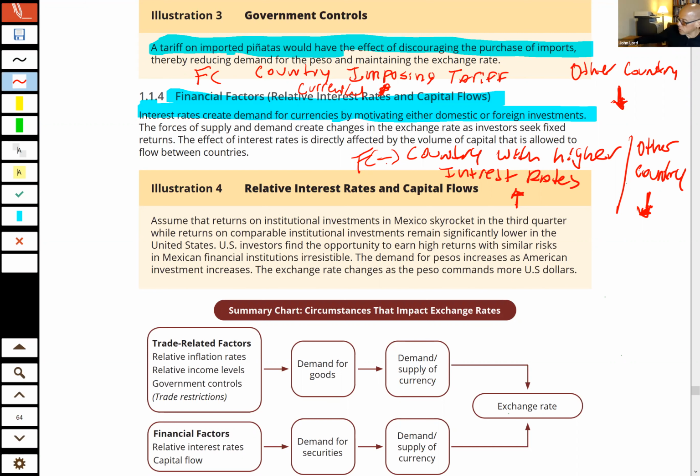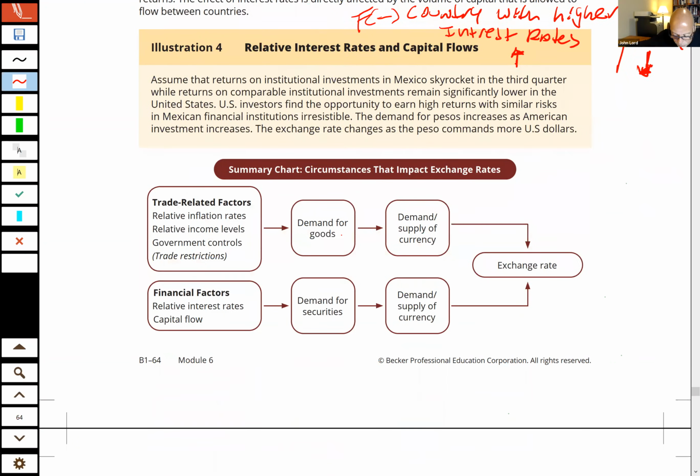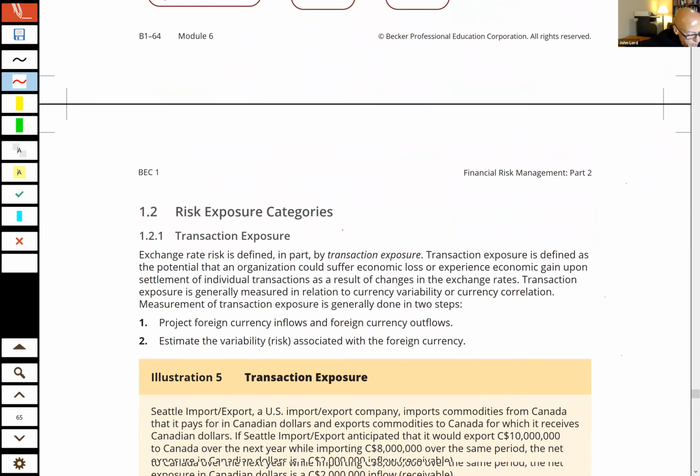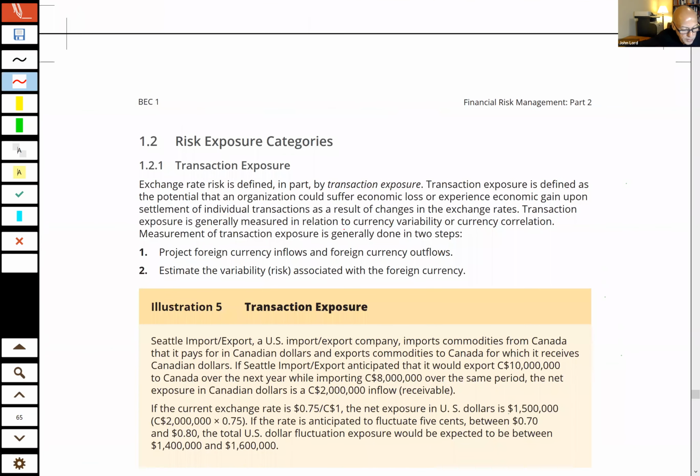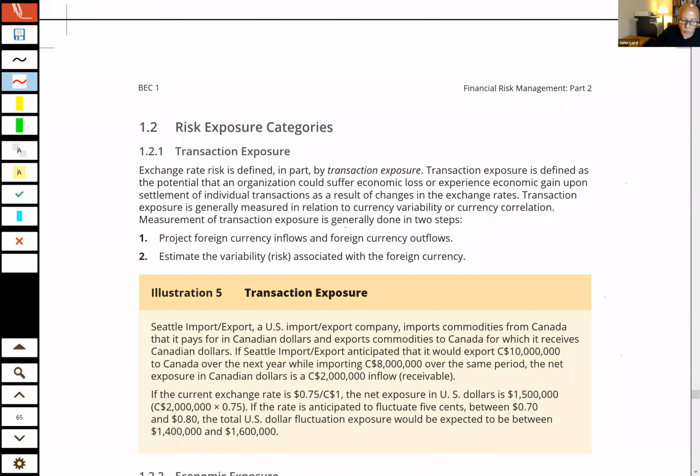Okay, good. Now we understand some of these factors, but let's see how we will mitigate them. What we're going to look at now is transaction exposure. Transaction exposure is defined as the potential that an organization could suffer economic loss or experience economic gain upon settlement of individual transactions as a result of changes in the exchange rate.